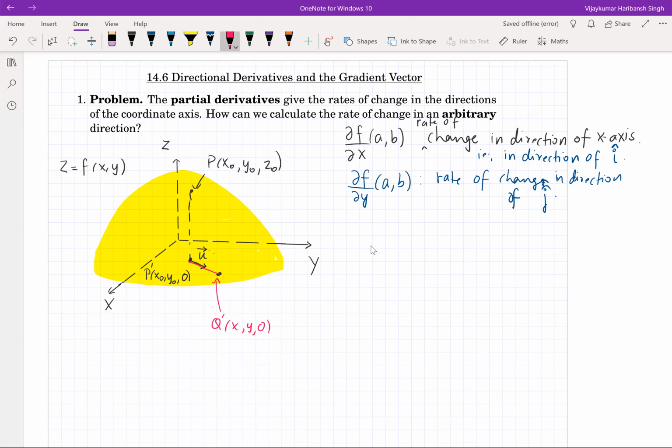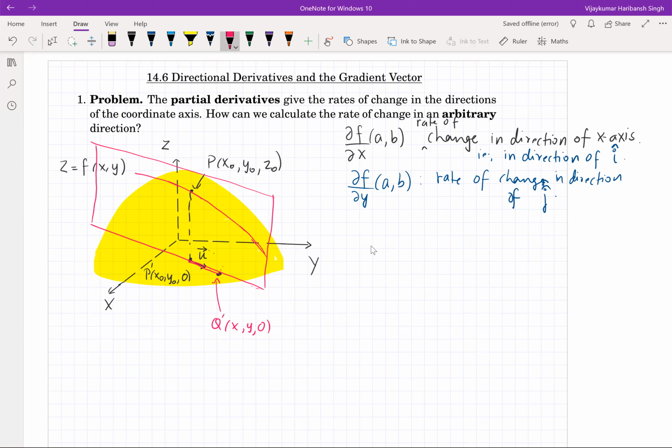This corresponds to, let me draw the plane containing it. If you look at this plane here, it will cut your surface like that.